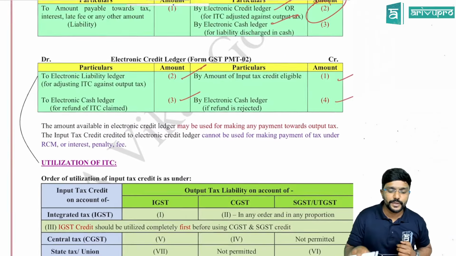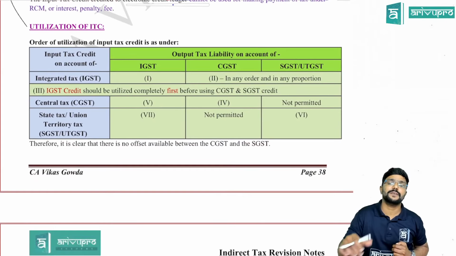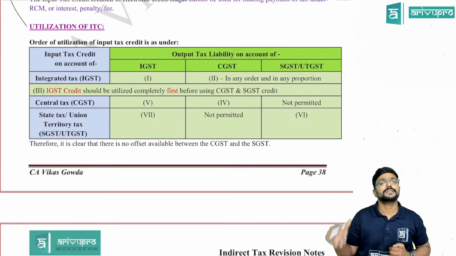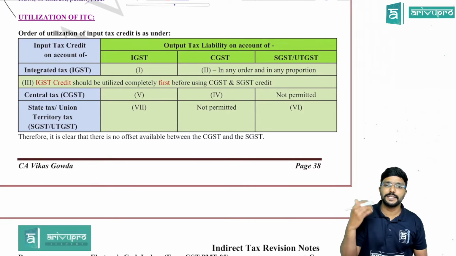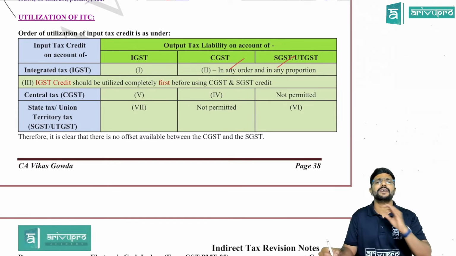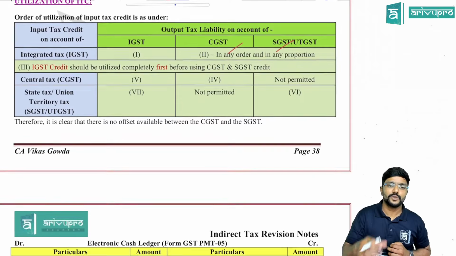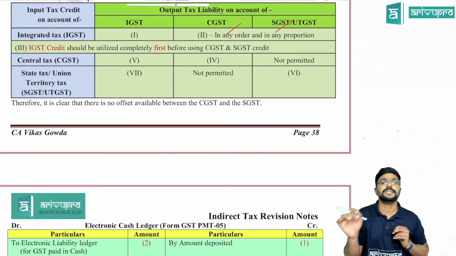Then coming to utilization of this credit, how to utilize the credit. The utilization pattern is given in section 49, read with certain rules. So always, first IGST credit has to be utilized against IGST liability. Then the remaining IGST credit can be utilized against CGST or SGST in any order, in any proportion. So once IGST credit is fully utilized, only then we can go and touch CGST credit.